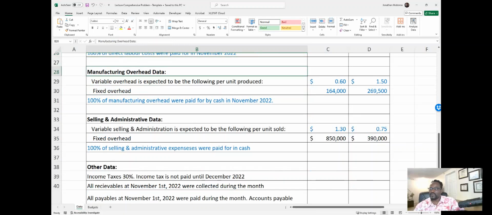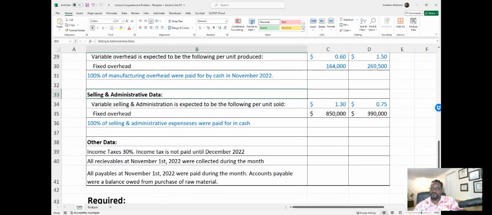Moving on to manufacturing overhead data, we have variable overhead, which is expected for each unit that is produced, and also the fixed overhead information. How are these overhead costs or expenses paid for? 100% of those costs are paid for in the month of November.